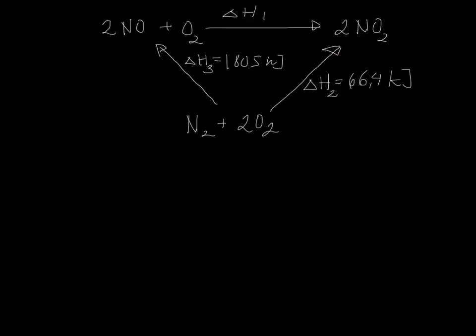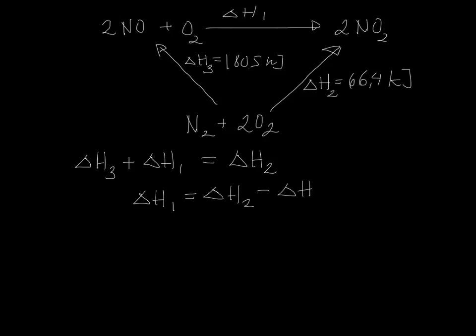So delta H3 plus delta H1 equals delta H2. And we want to find out delta H1, so delta H1 equals delta H2 minus delta H3.